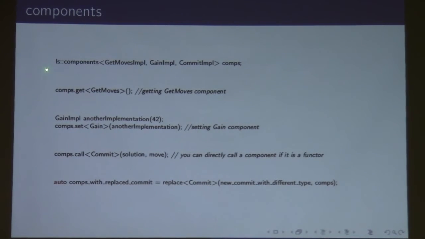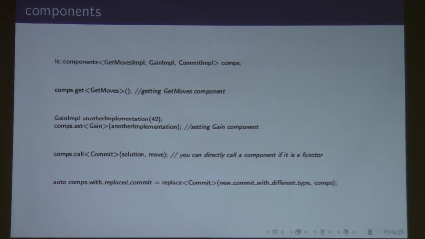We are actually pretty proud of this components class, and there are many more interesting use cases and much more functionality, but unfortunately we do not have enough time right now to discuss this.